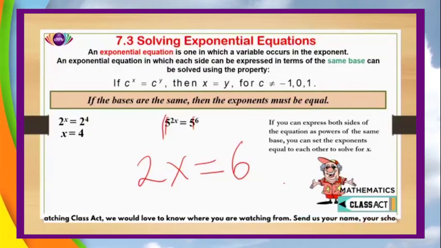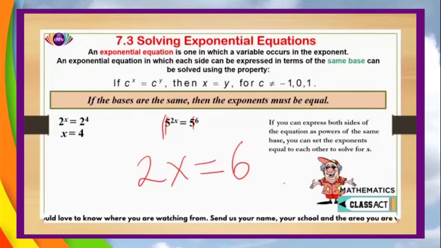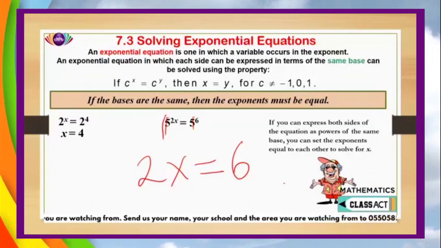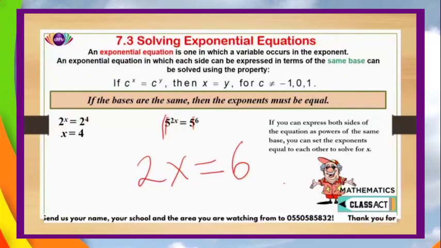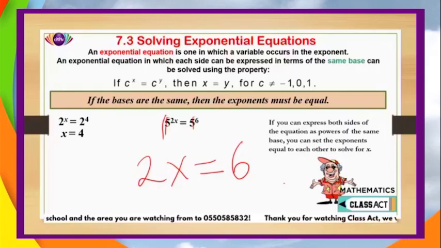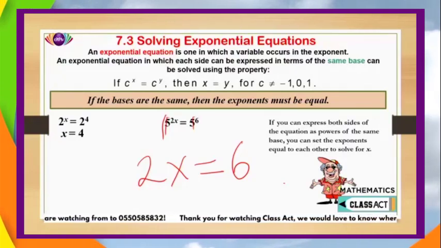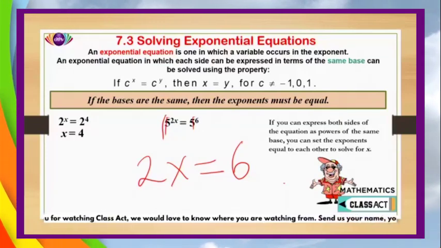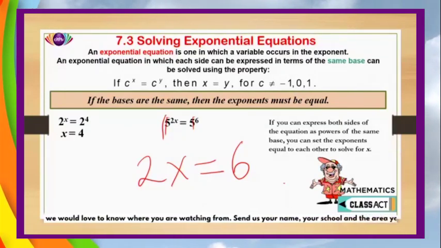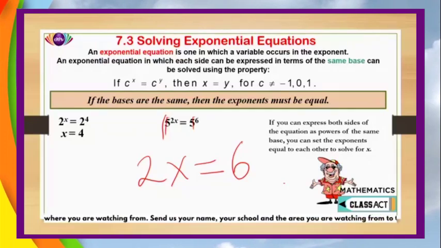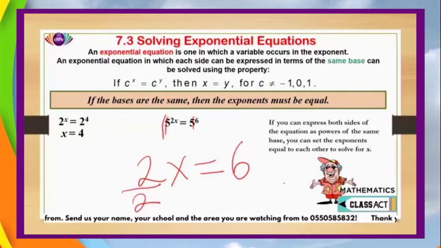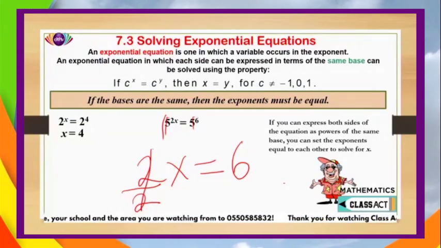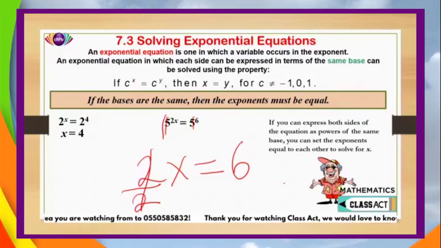If 2x equals 6, what is x? We know 2 is next to x, which means 2 times x. The opposite of multiplication is division. So for me to get x to stand by itself alone, I have to divide the left-hand side by 2. Do I stop here and say x equals 6?